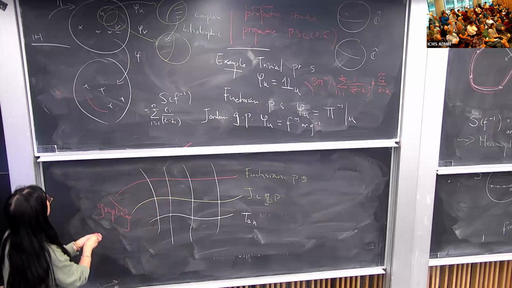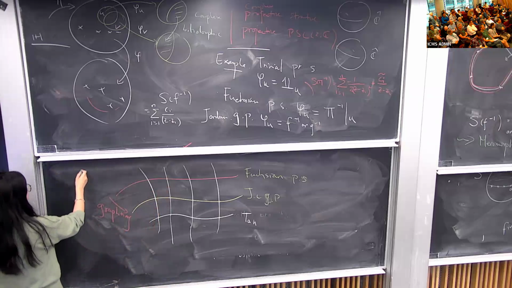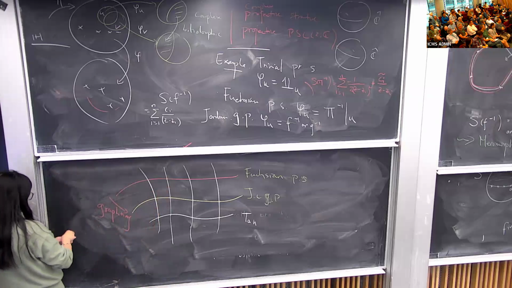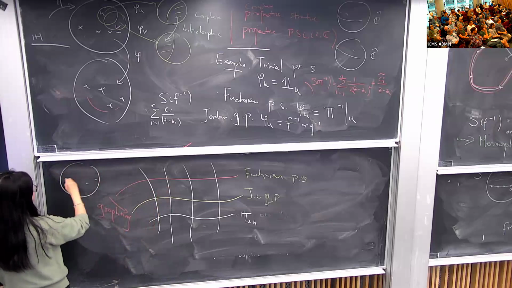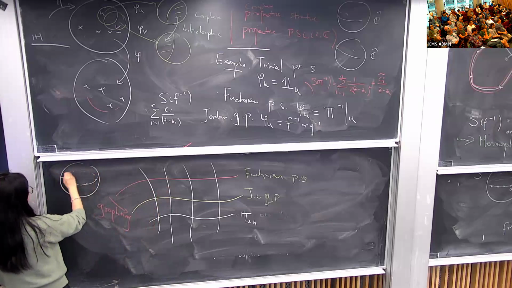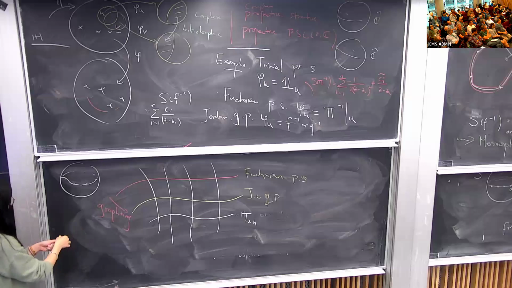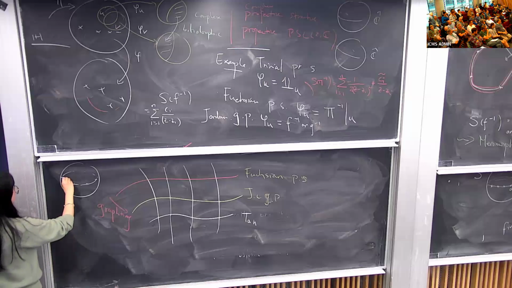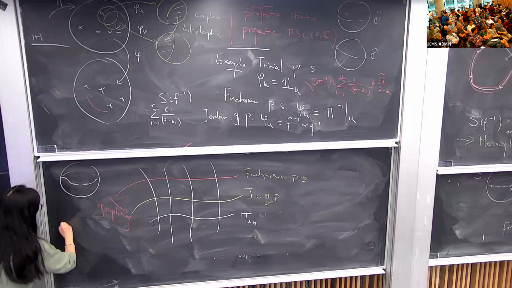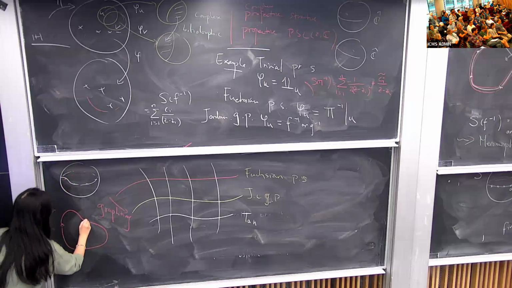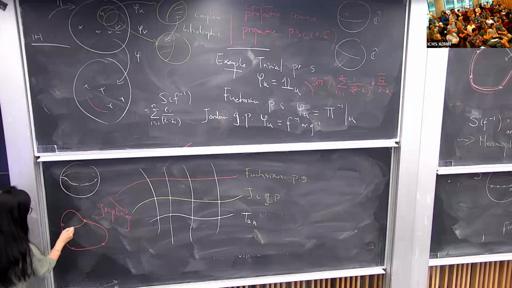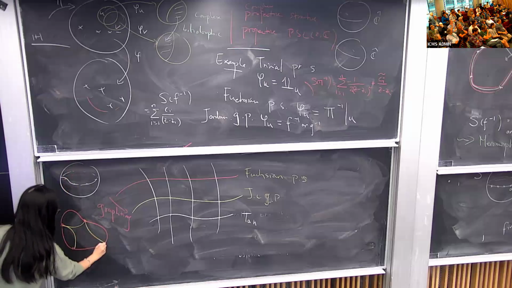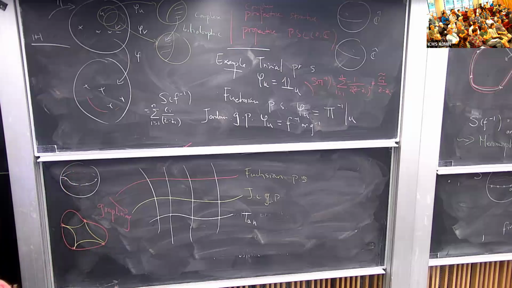Roughly speaking, if I have this piecewise geodesic curve, let me draw here my piecewise geodesic curve. I can draw the hyperbolic geodesics connecting them, these four inside.